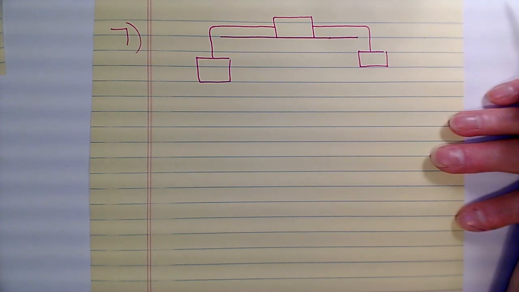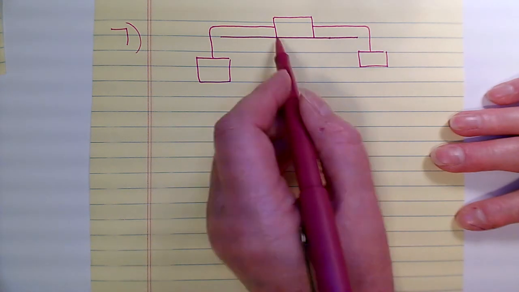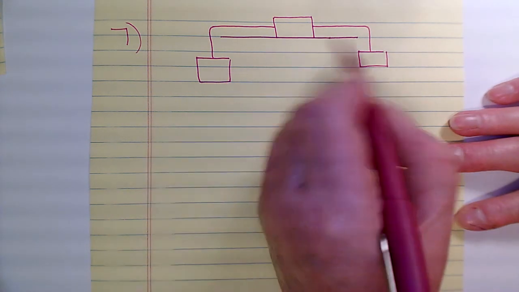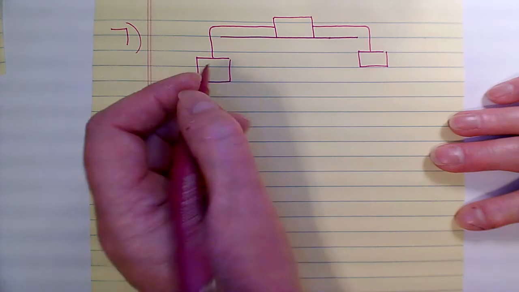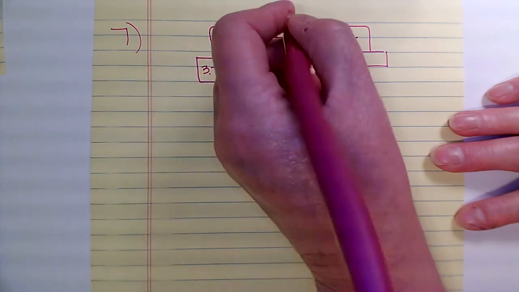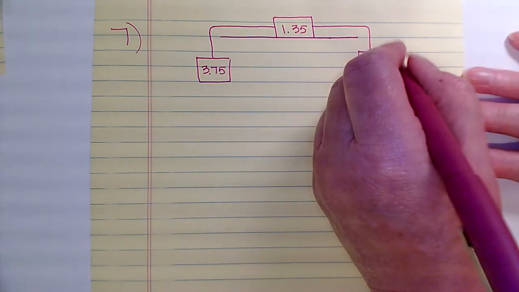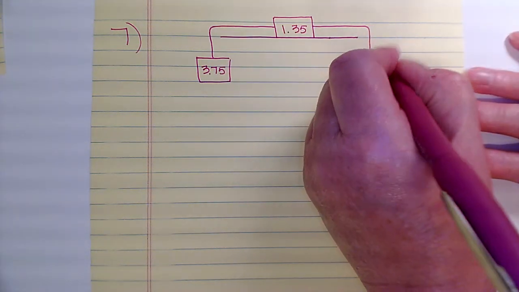It says that the coefficient of friction between the block and the table is 0.5. So there's only going to be friction on this block. These blocks don't have friction. The masses are 3.75, 1.35, and 1.9 respectively.